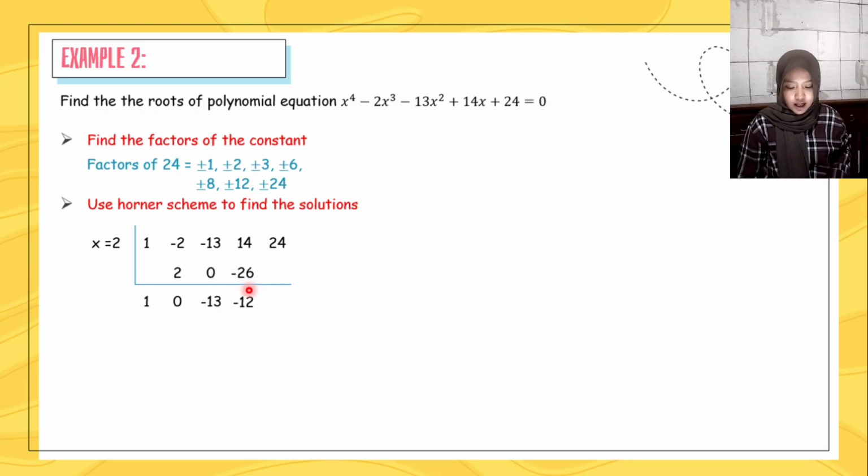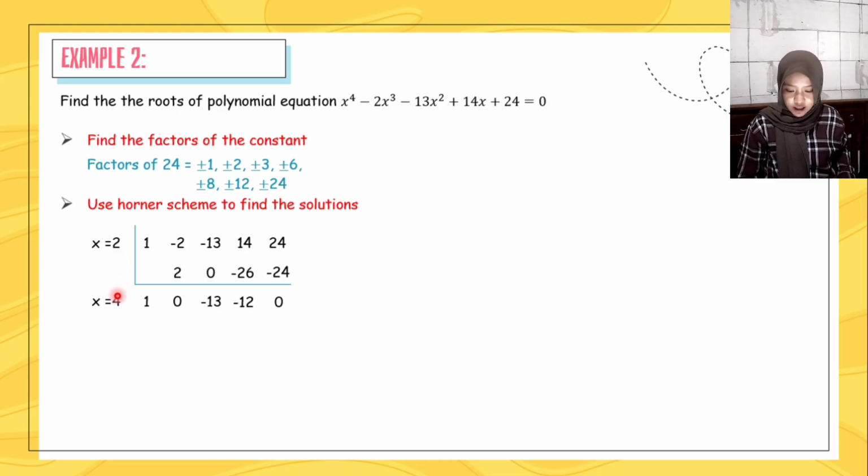Sum of 14 and minus 26 is minus 12. Minus 12 times 2 is minus 24. And then the sum of 24 and minus 24 is 0. Well, this result is 0. So x equal 2 is a solution.